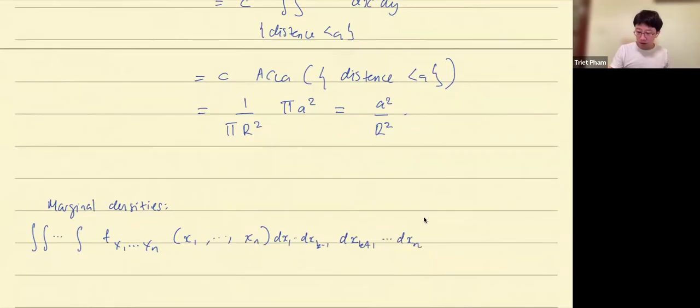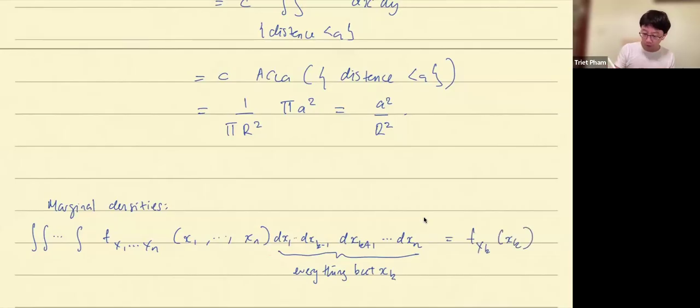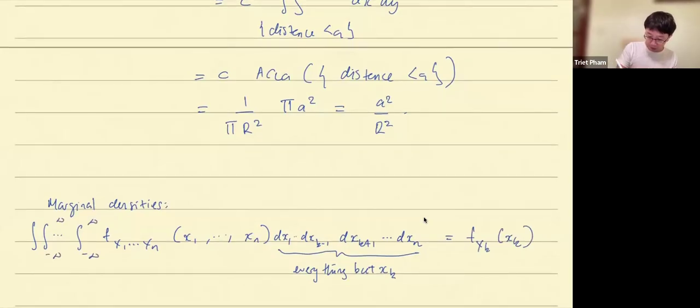So this is just a complex way to say that you integrate out everything but xk. You will get the marginal PDF of xk.